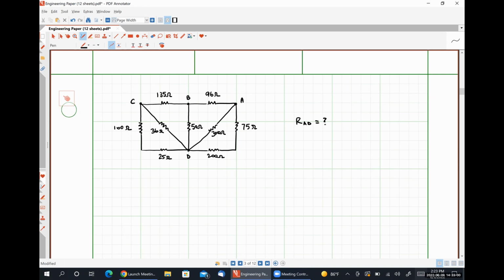So how I go about solving a problem like this is the first thing I do is identify my nodes.